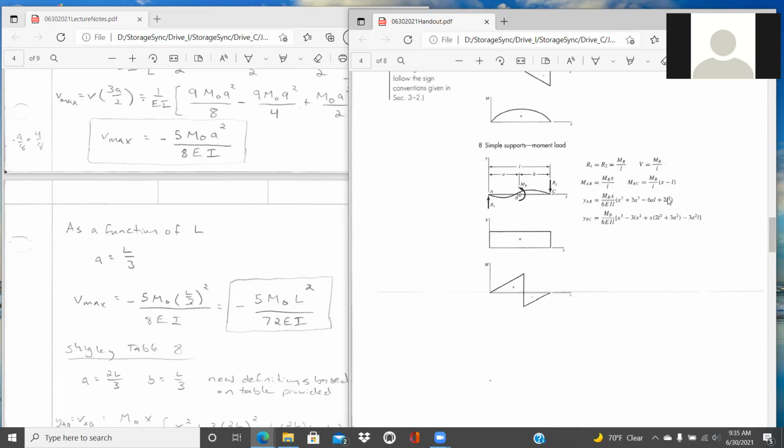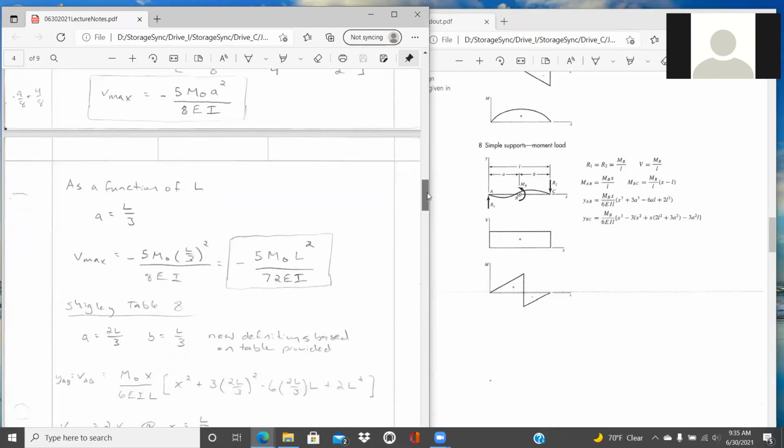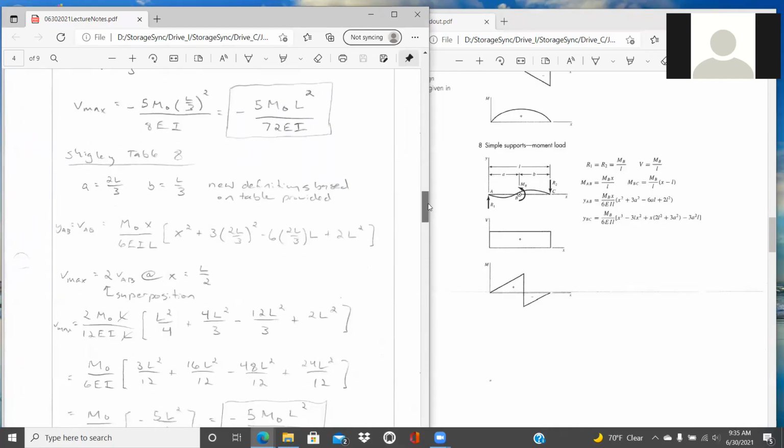And so we finally get down to the 8th example, and we see a simply supported beam with a moment applied some distance A along the length of the beam. And so this is giving us the fundamental relation that we need to solve for these parameters. And what we can do is see if we can get that same maximum deflection out of the table in terms of setting up the variables this way.